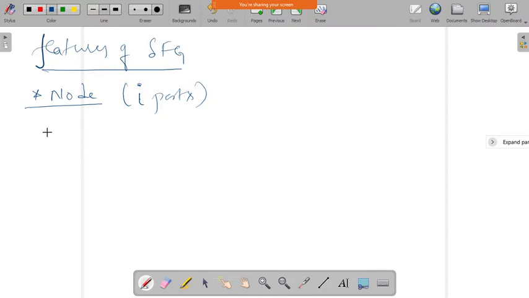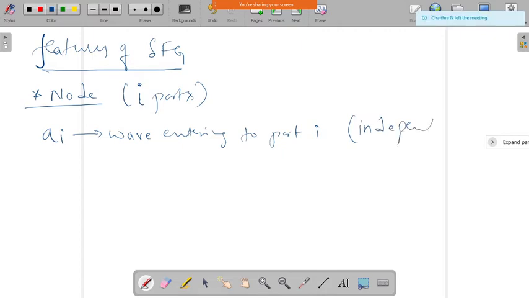Now if I have some node AI, it represents the wave entering to the port I. The nodes which are entering are variables, and those are called independent variables.